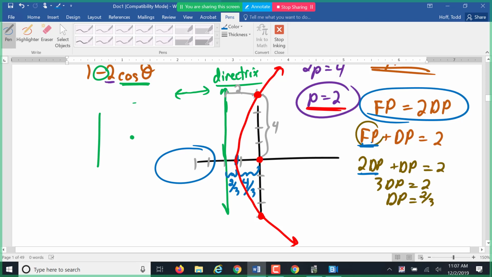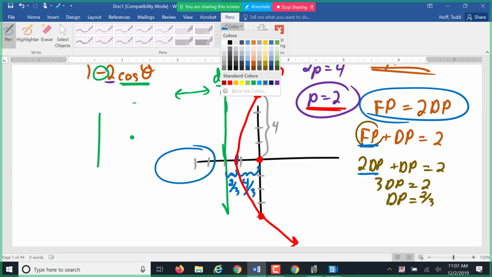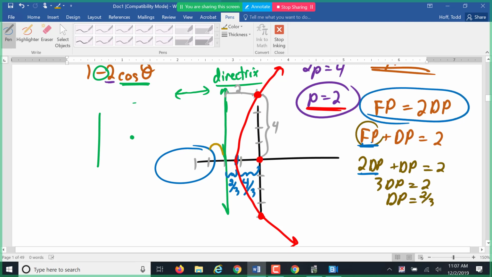Well, I know that whatever the distance is, dp here, the FP from the focus to that point is going to be dp plus 2. This is 2 units here. So that is dp plus 2.